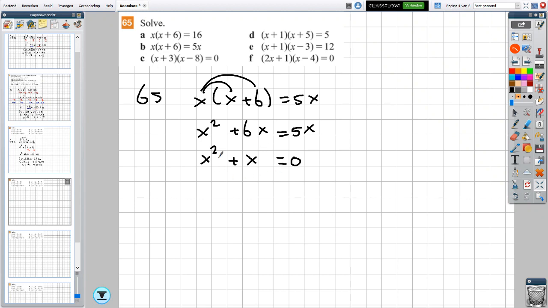Here I have a common factor. The common factor is the x, right? So I can write it like this. Here I've used up all my terms, all my prime factors, so I have to write down a 1. That was because of this, right?